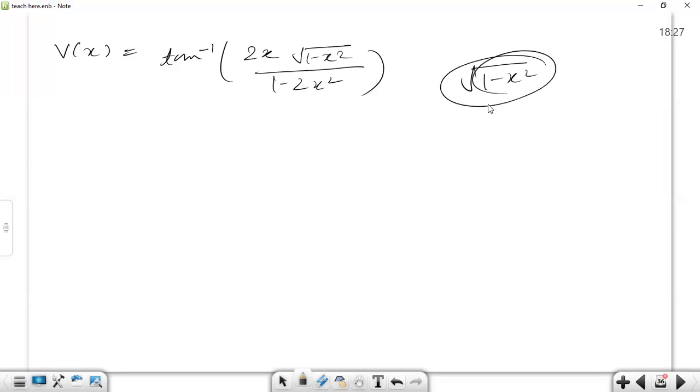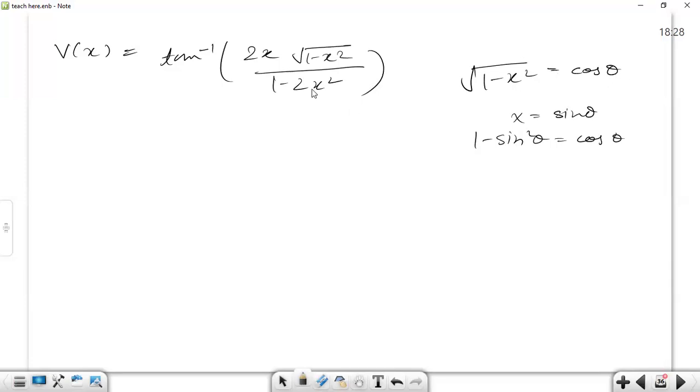This is a term used in the function that we have. So we can put x equals sine theta, because simply we know 1 minus sine square theta is cos square theta. So let's just put x equals sine theta. So it will make it simply cos theta, right?